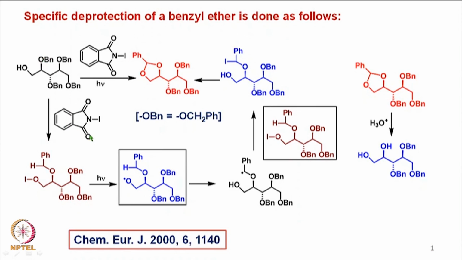Now, what happens is that when this molecule is allowed to react with N-iodosuccinimide, then the OH group here interacts with the iodonium ion to form the hypoiodite of this type.